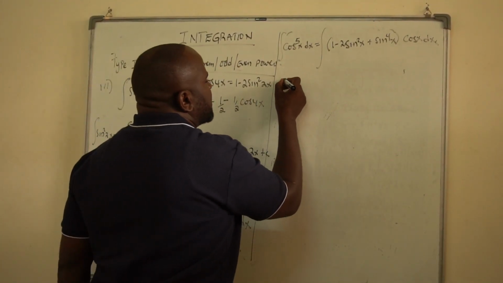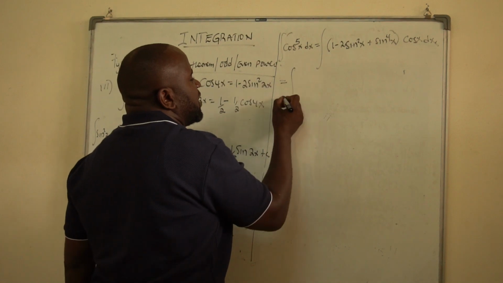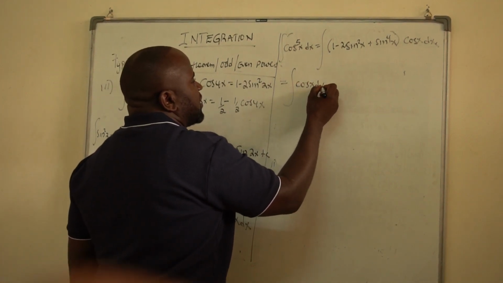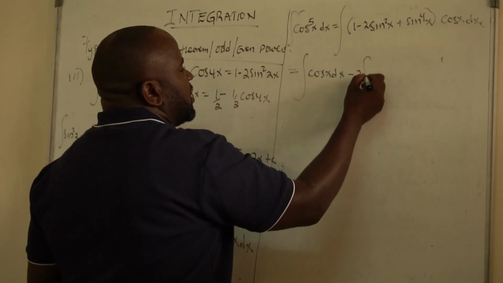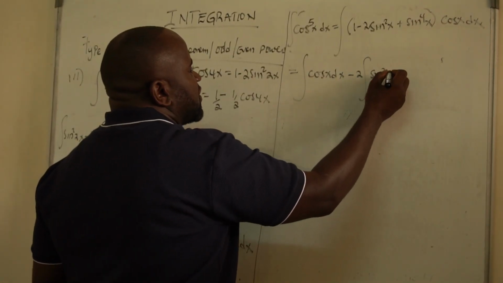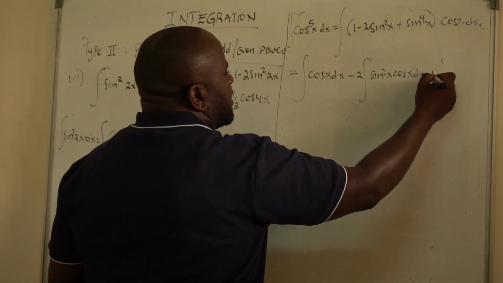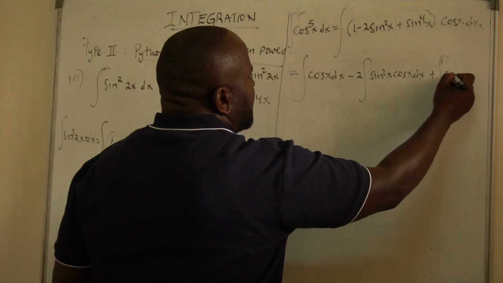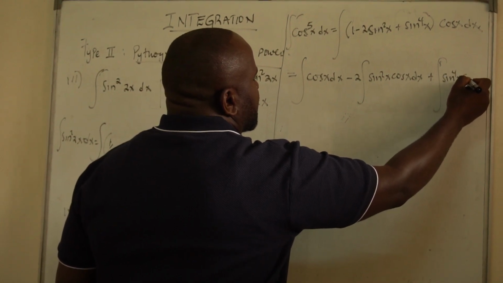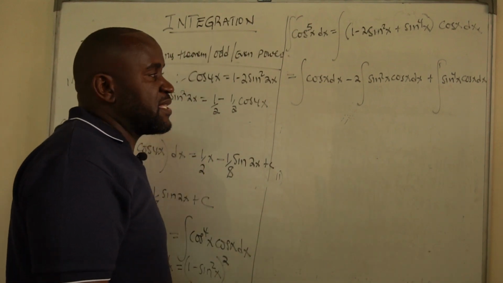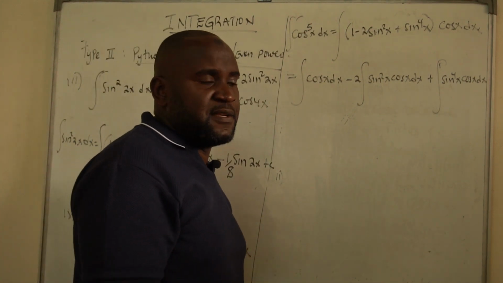When I integrate this, I can first expand, and I will get the integral of cos of x dx minus 2 times the integral of sine squared of x cos of x dx plus the integral of sine to the 4th of x cos of x dx. So we use the earlier technique I mentioned in the beginning.